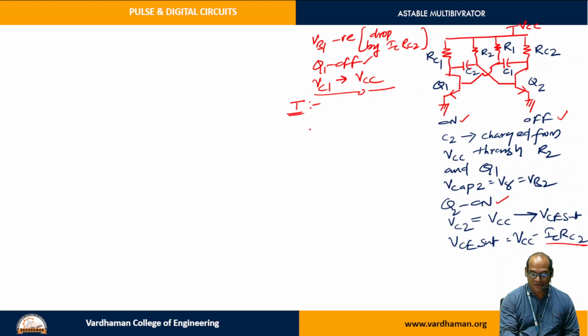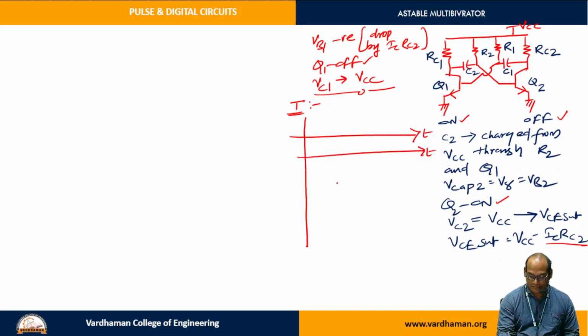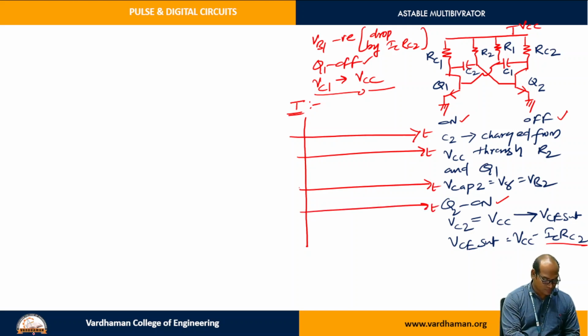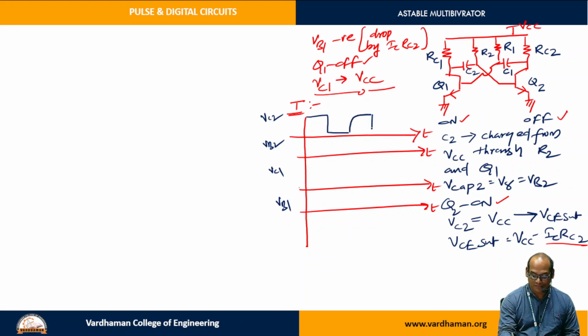For that, first we have to understand the waveforms. So see carefully. I am taking here collector 2 voltage, base 2 voltage, collector 1 voltage, base 1 voltage. We have taken first Q2 is off, then it is becoming on, then again off, on, off, on.